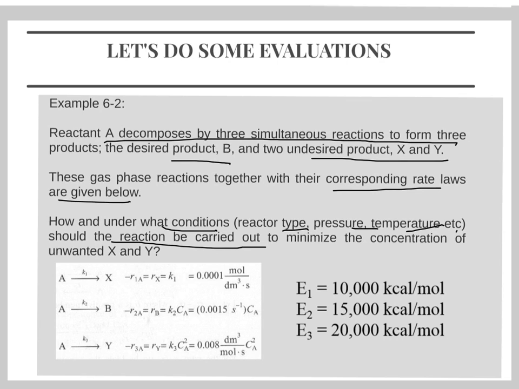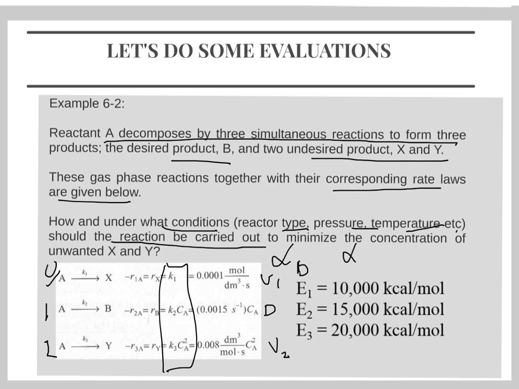So we have to first evaluate this kind of term. What is the order of reaction for each? For example, A to X is 0 order, A to B is first order, and A to Y is second order. So you have to compare alpha D, which is the desired reaction, with the undesired ones, alpha U1 and alpha U2.